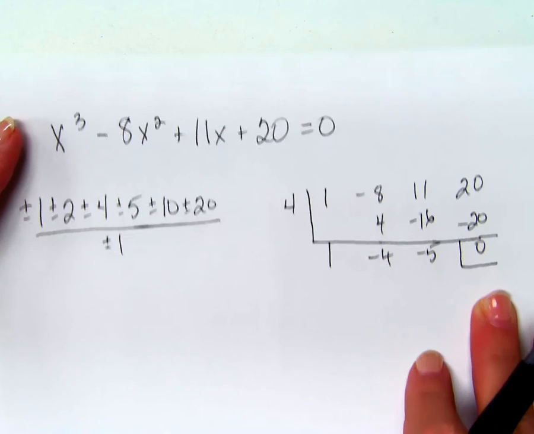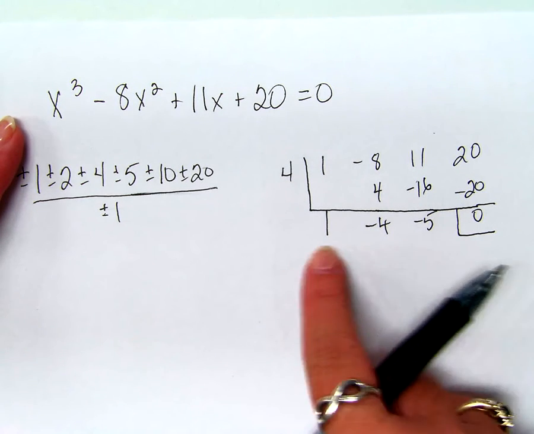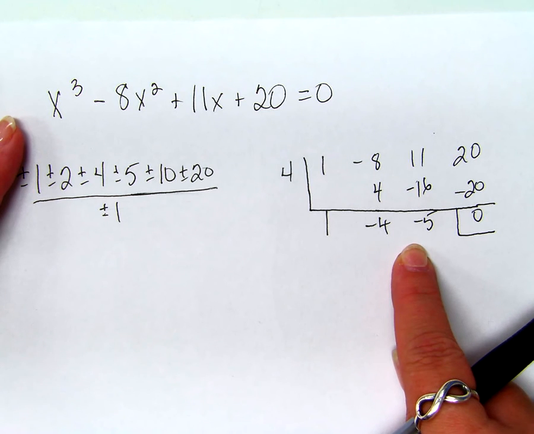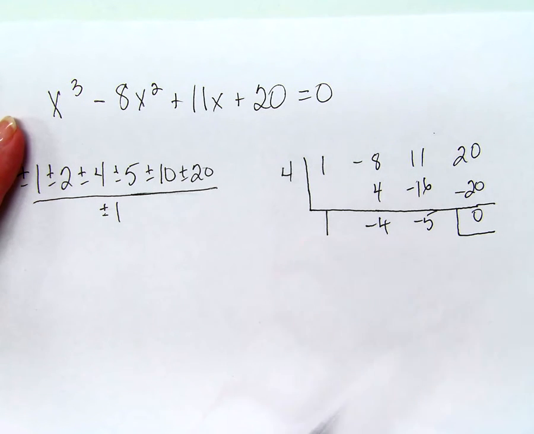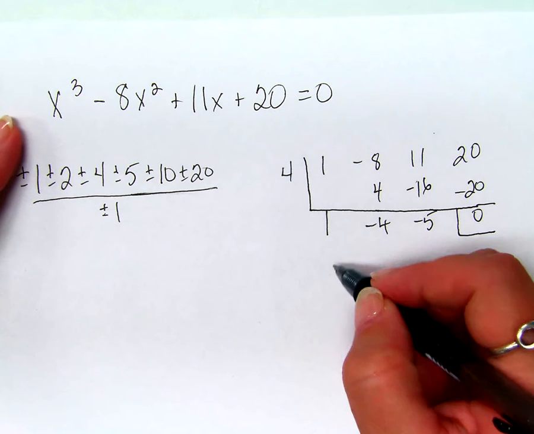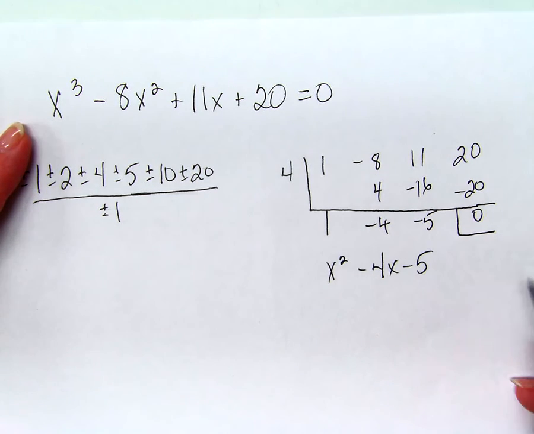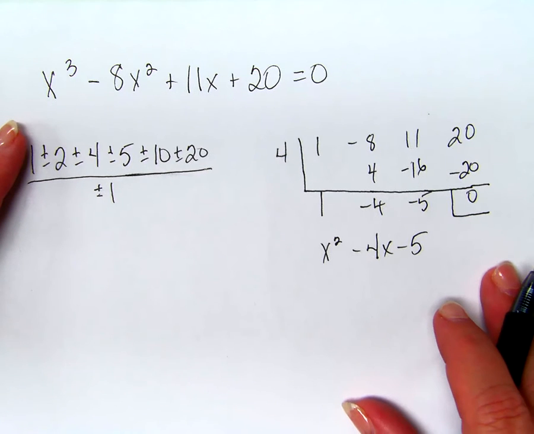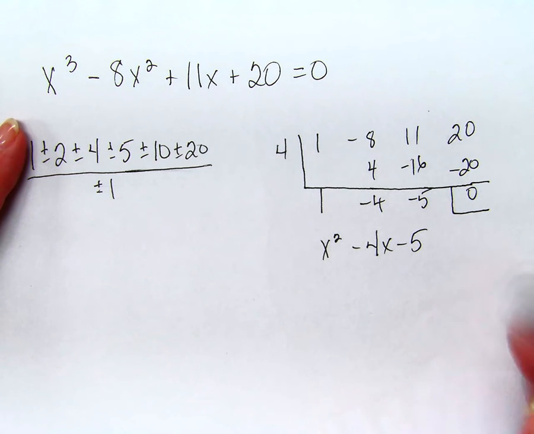Once we get one of our factors, we can take our remainder, which was 0, and we can write what we have left right here back into polynomial. Remember that? X squared minus 4x minus 5. And we can say to ourselves, self, can I factor this?